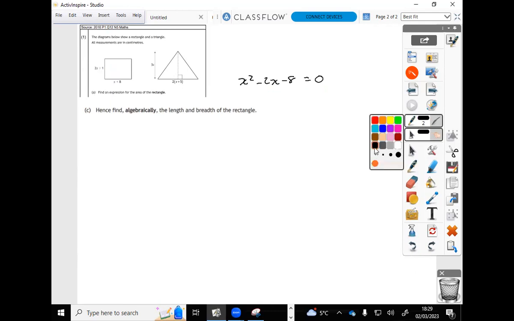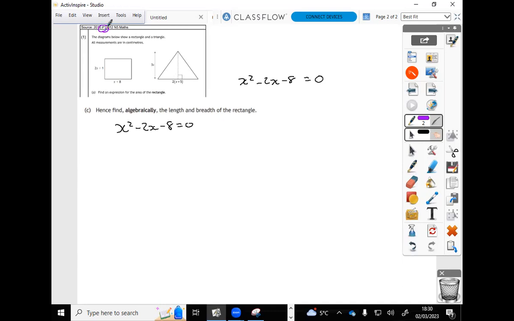Make sense of that. So we've got the term x squared minus 2x minus 8 equals 0. So it's in the format which we can work with. Okay, so the ax squared plus bx plus c. Now looking at that straight away, in fact, I'll tell you what the clue is here. Paper 1.